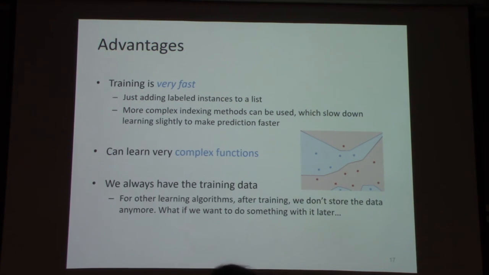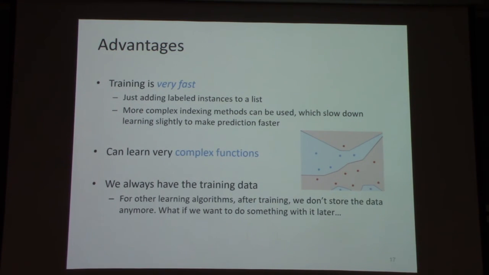What is interesting about the nearest neighbors classifier is that it can learn rather complex functions like this function here. It's not linearly separable. It's a pretty nasty looking function, and the nearest neighbors classifier, basically doing nothing, gets you that function.